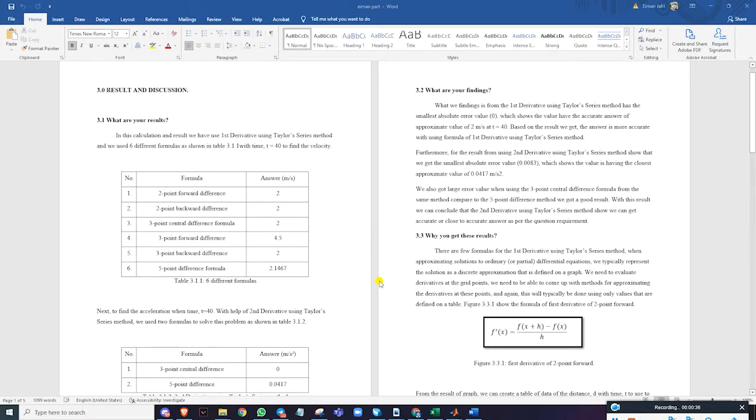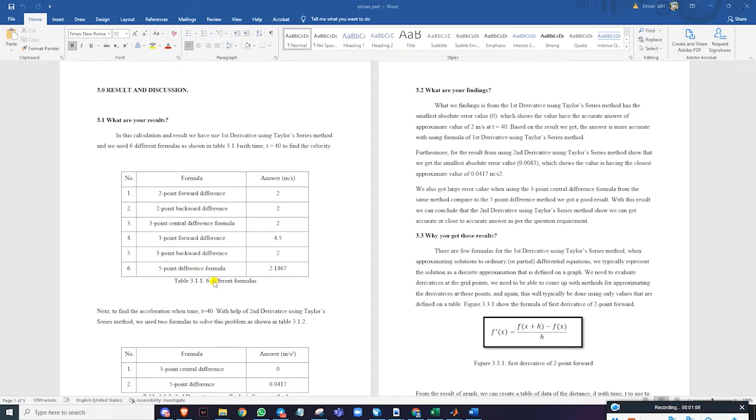So for 3.1, what are your results? Basically for this mathematical problem, we use the first derivative using the Taylor series method and the second derivative Taylor series method. For the first derivative Taylor series, we use 6 types of differences: 2 point forward, 2 point backward, 3 point central difference formula, 3 point forward difference, 3 point backward difference, and 5 point difference formula.